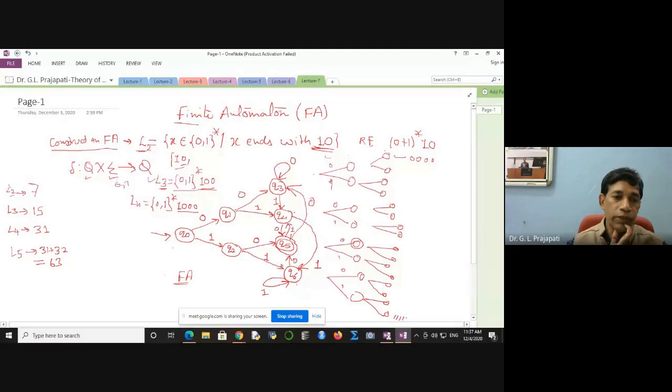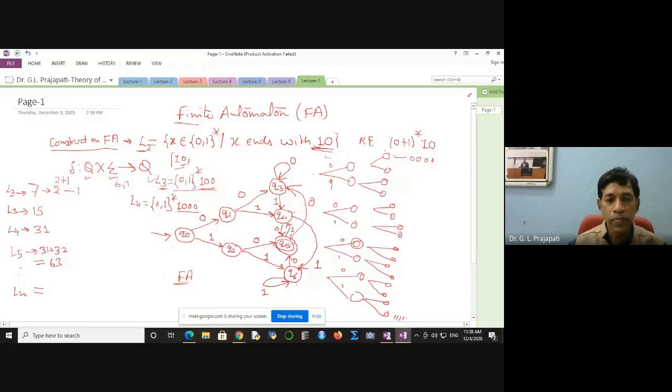Now see, is there some relationship? If somebody asks you, in general, if I want to learn the last n symbols, then how many states will be there in this kind of machine? So how would you know? See the situation: if you are supposed to remember length 2, then you have 7 states, and you can say this is 2 raised to the power 2 plus 1, minus 1.